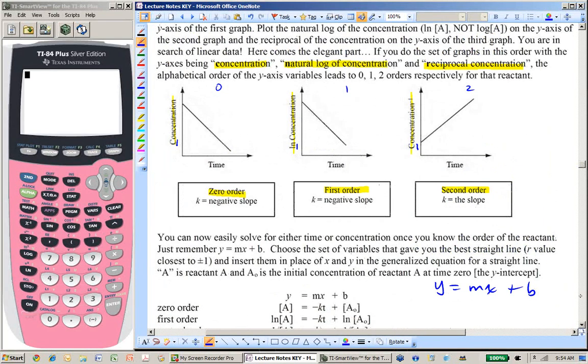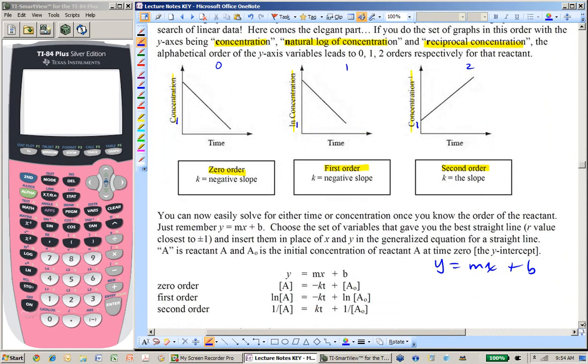So if I'm talking zero order, what did I graph? Concentration versus time. So the concentration of reactant A in moles per liter would be found by the slope, which is going to be my rate constant, times what we graphed on the x-axis, which is time.